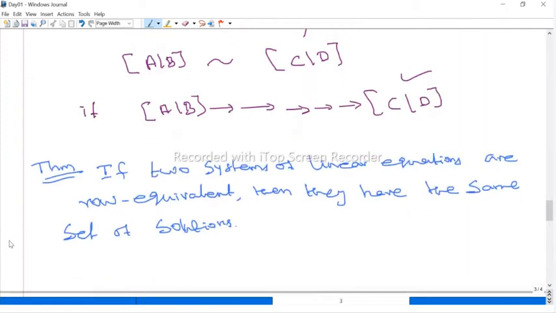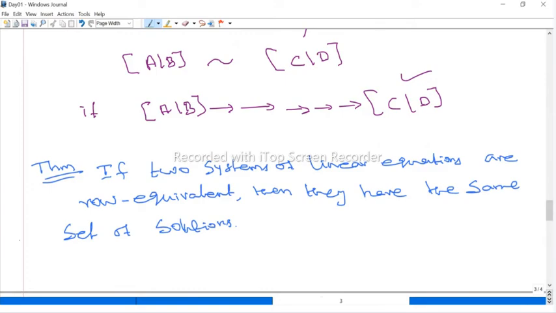The theorem guarantees that if you do some elementary operations and get a row equivalent system, the solution sets are the same. Therefore, you don't bother about the solutions. You solve that new system and find the solution, and it is enough. That solution is the same as the solution of the original system. Okay.